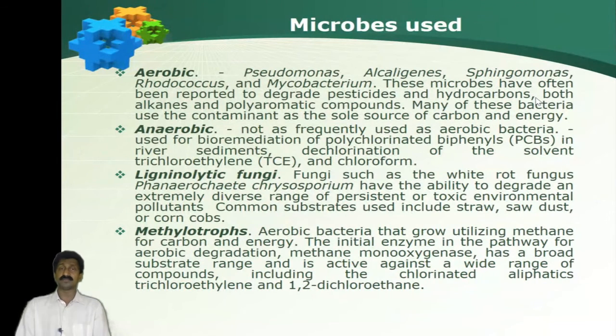Now, ligninolytic fungi like Phanerochaete chrysosporium, one example, which is a white rot fungus, have the ability to degrade an extremely diverse range of persistent or toxic environmental pollutants. Common supporting substrates include straw, sawdust, or corn cobs, on which the ligninolytic fungi will grow.